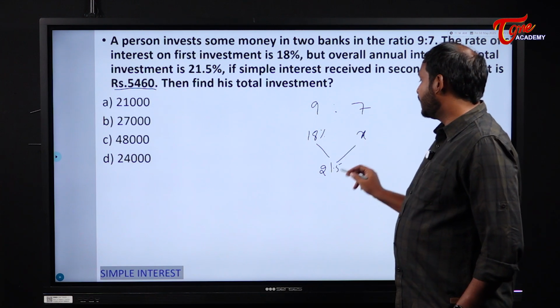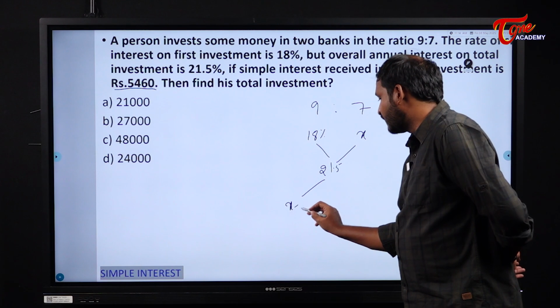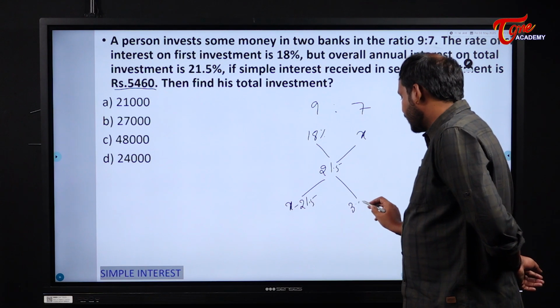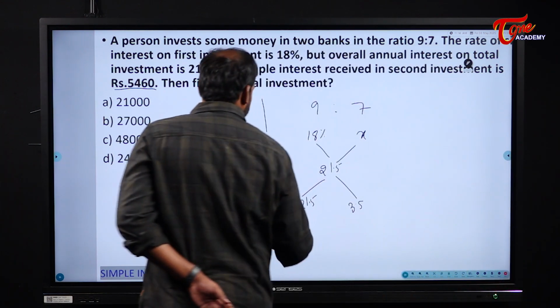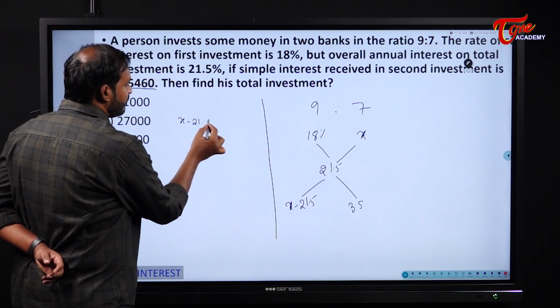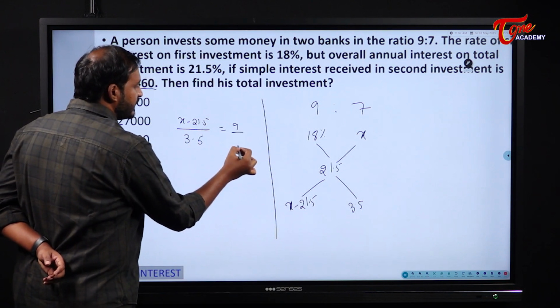So now 18%, and what will you get here, students? X minus 21.5, and here you get 3.5. And the relation between these two should be 9:7. That means X minus 21.5 by 3.5 is equal to 9/7.